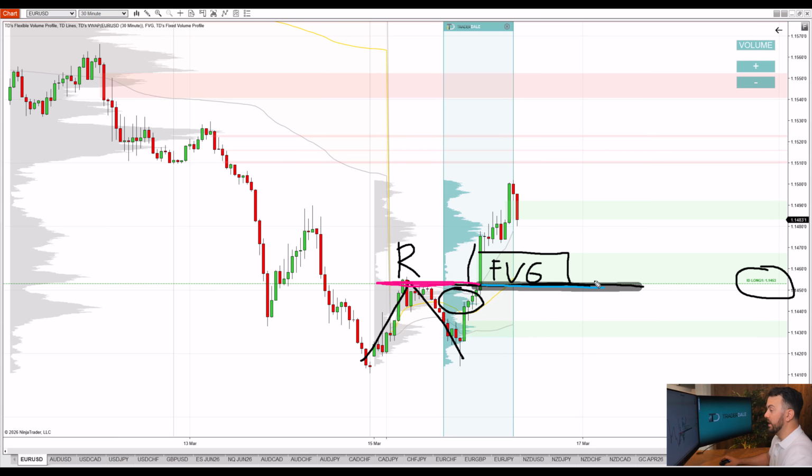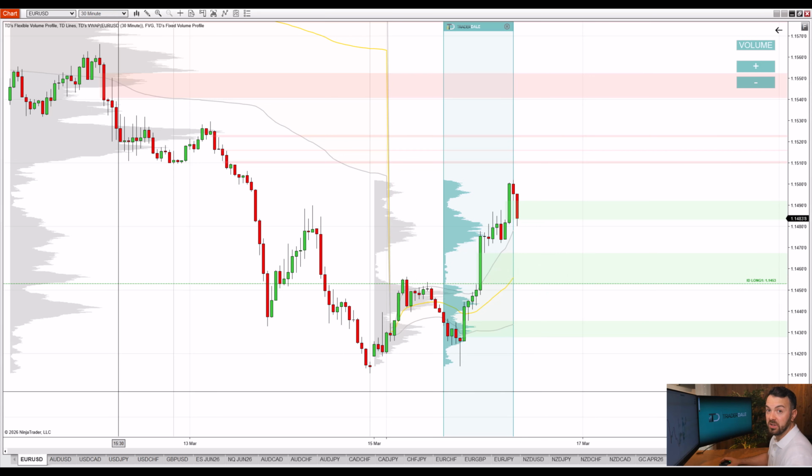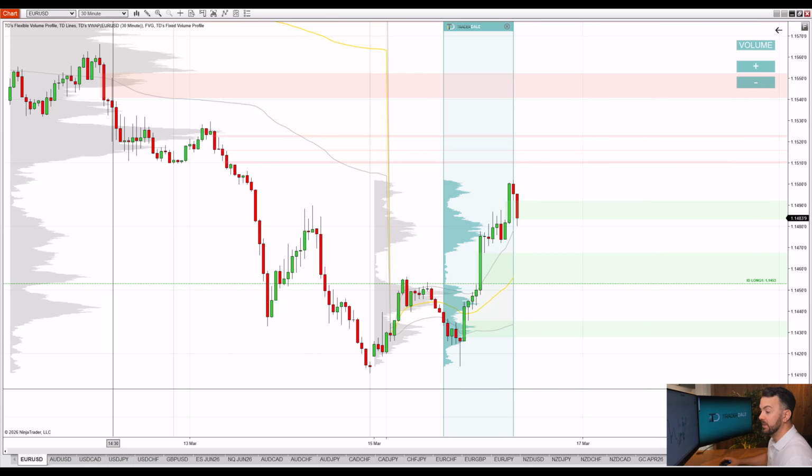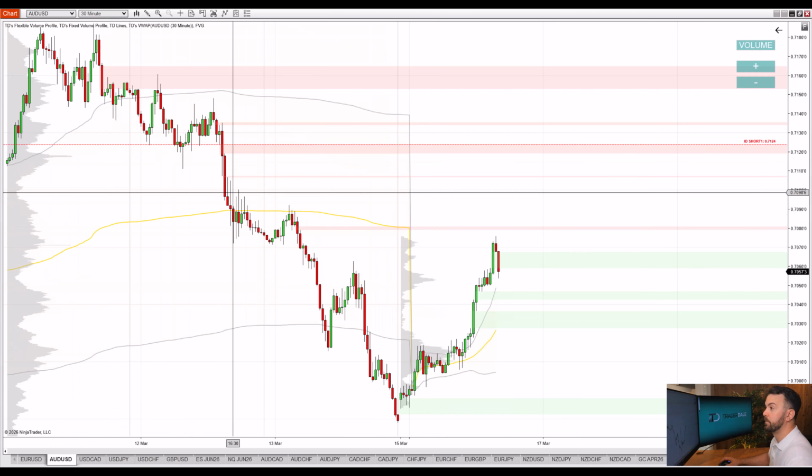So we have the volume profile setup, we have the fair value gap, we have the resistance becoming support setup here. All point to this level. So that's why I think it's worth watching and trading. Right now, we just need to wait for the pullback, and when the price hits this level, then go long from there. Now, let's check out the next pair, which is going to be the Australian dollar, US dollar.